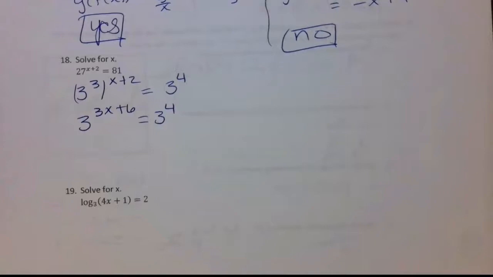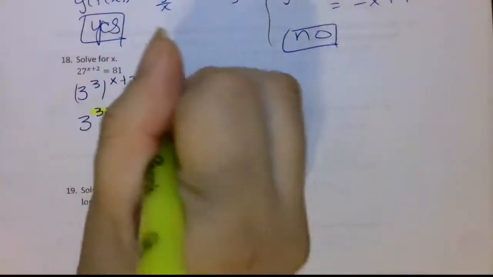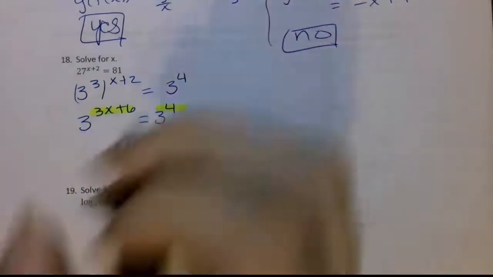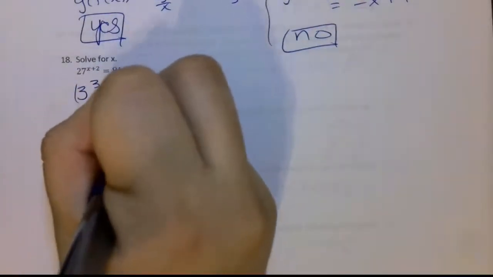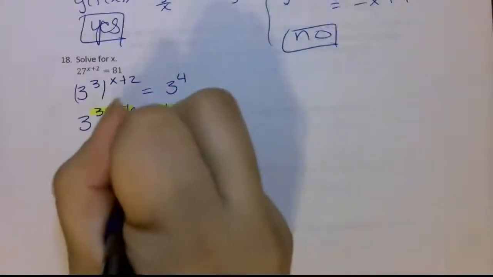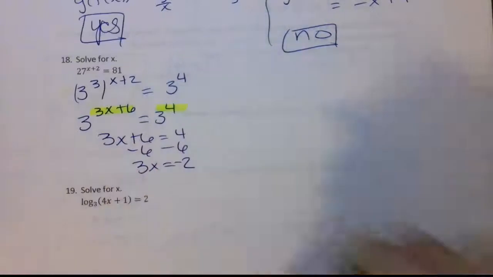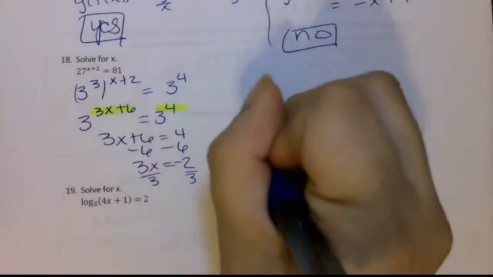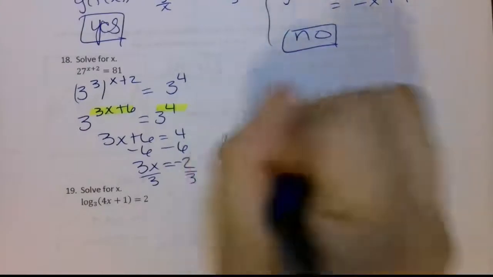Now that my numbers have the same base, I can take my exponents and set those equal together to solve. I have 3x plus 6 equals 4. Subtract 6 on both sides. 3x equals negative 2. Divide by 3. X equals negative 2/3.